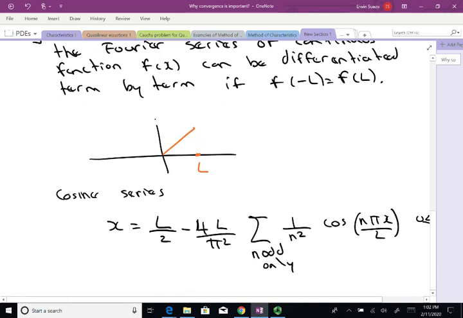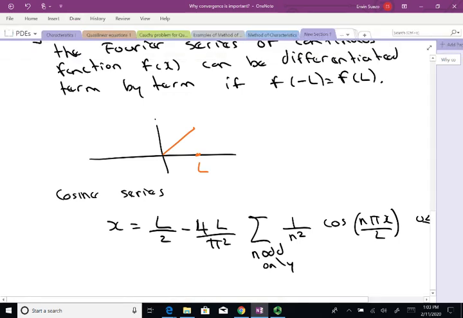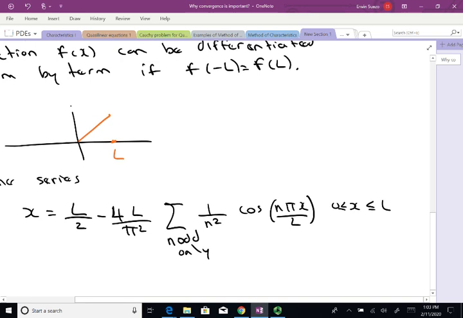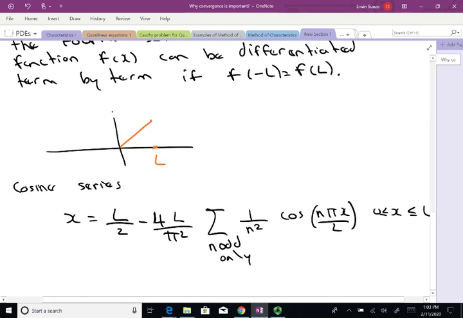But we know that when you take this series, it doesn't give you only this approximation to this line. It's going to give you the whole thing on minus L to L, and then it's going to extend it periodically, and so on.